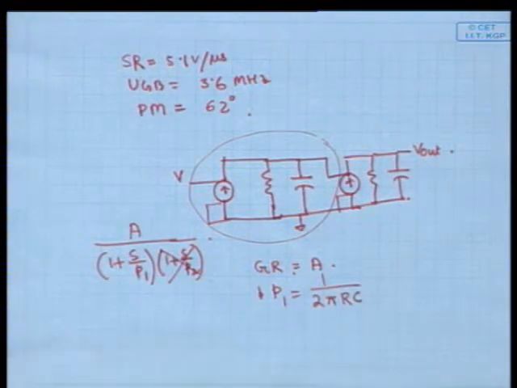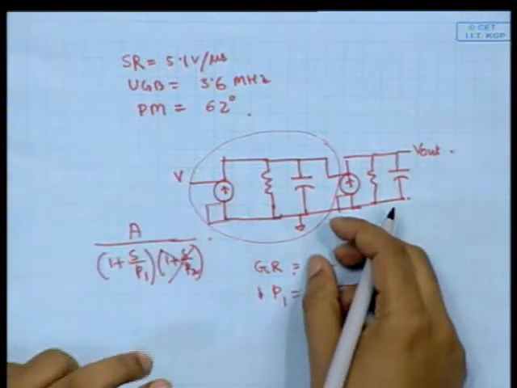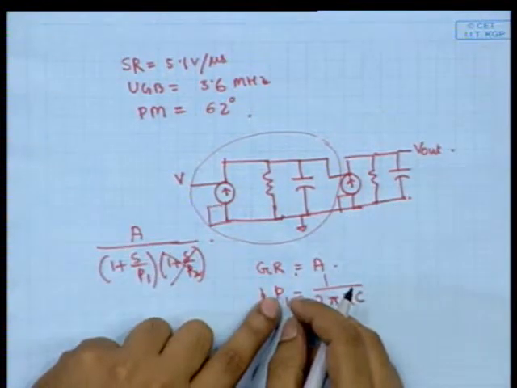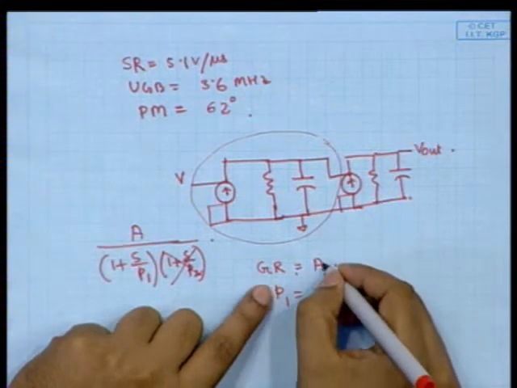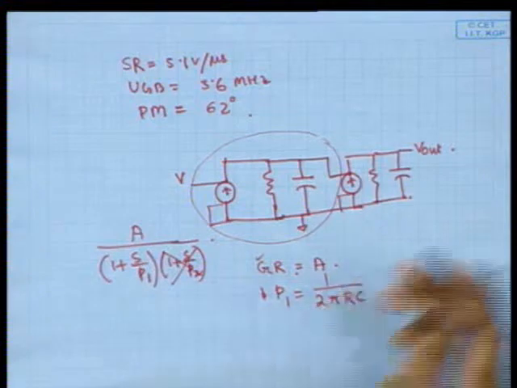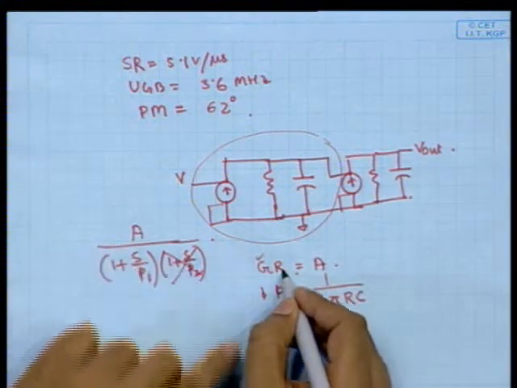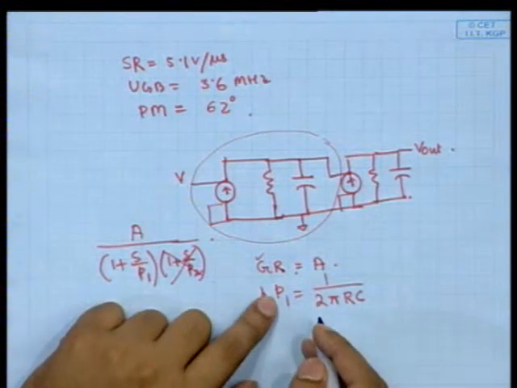Suppose you have designed some analog circuit which has a gain of A. You know this one, you know this P1 also. So from A, suppose you guess some value of G. From A, you will find R, and from R, P1 is also known.